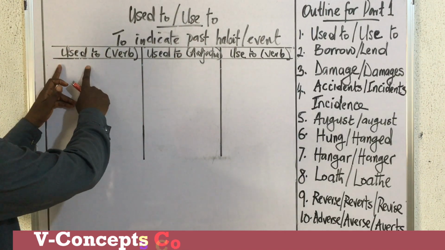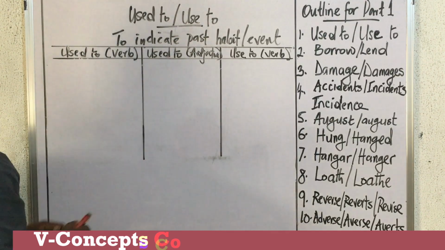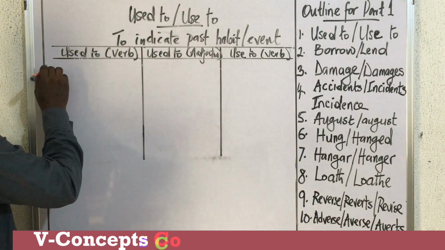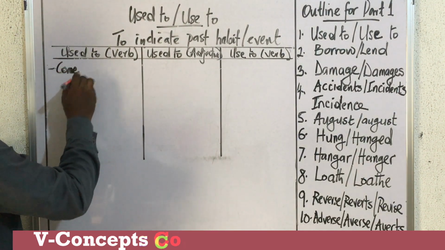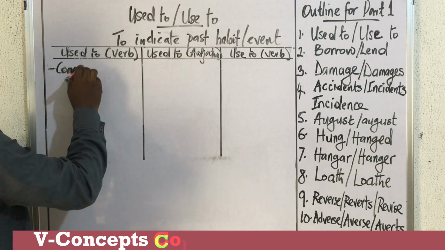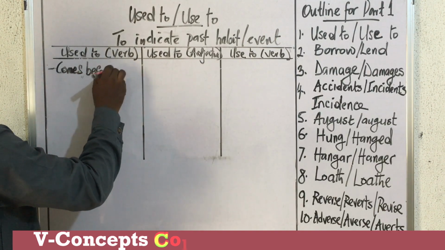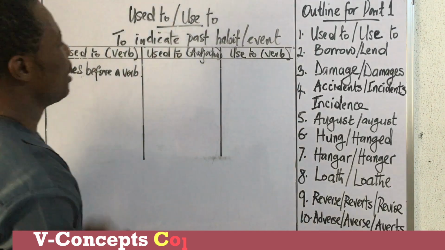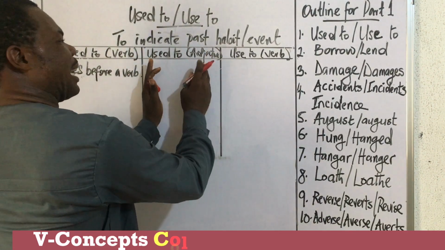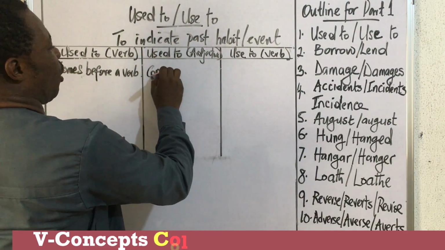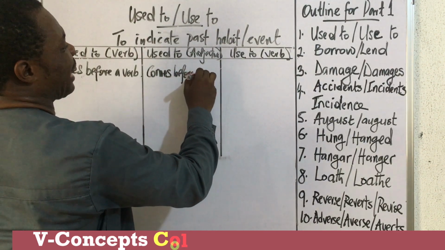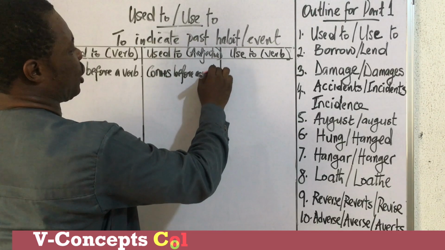In this case, it normally comes before a verb. Take note of this. But when it's going to serve as an adjective, it comes before an adjective. Let's use adj for adjective.